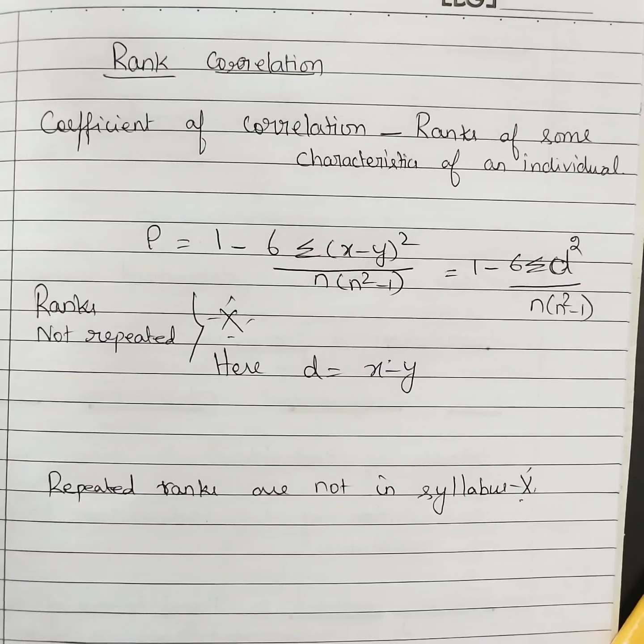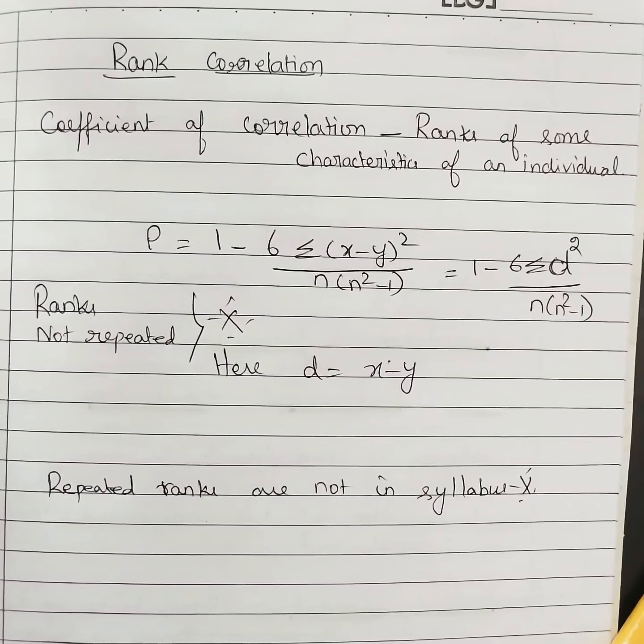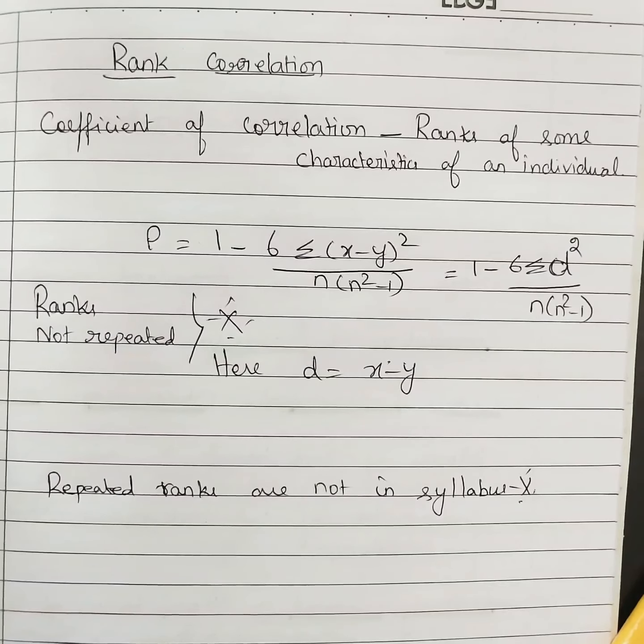We call this 1, 2, 3, etc. up to n a rank. The correlation between two sets of ranks is called the rank correlation between x and y, and the corresponding correlation coefficient is called the coefficient of rank correlation, or rank correlation coefficient.